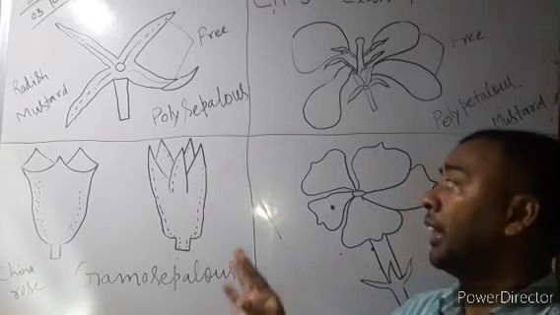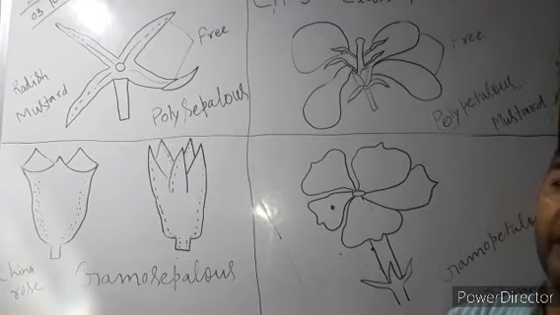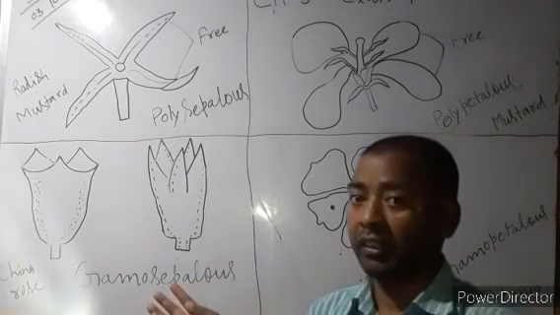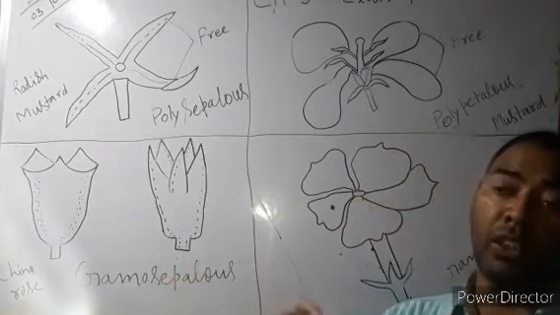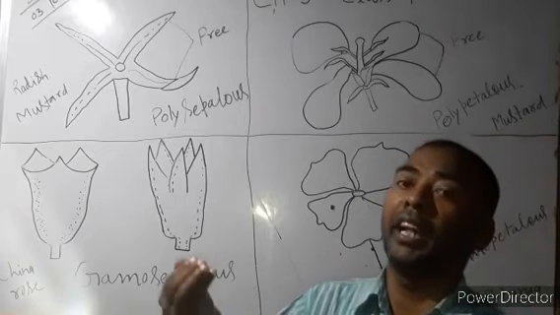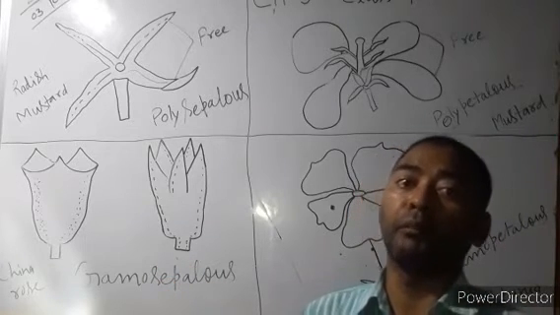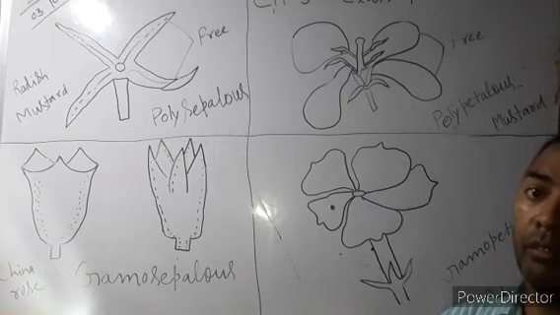Second thing, it is green in color, obviously. Due to being green, photosynthesis occurs in it, and it helps to give energy to the bud or flower for blooming.